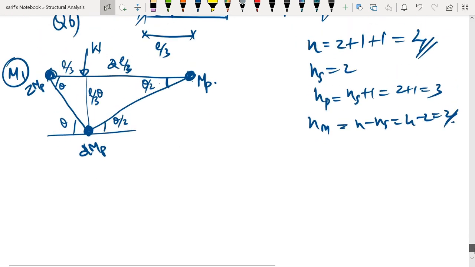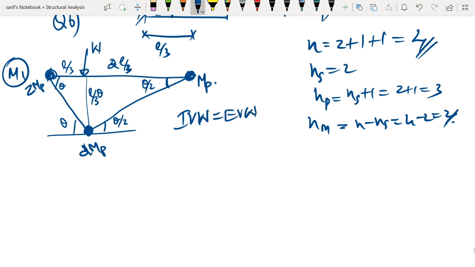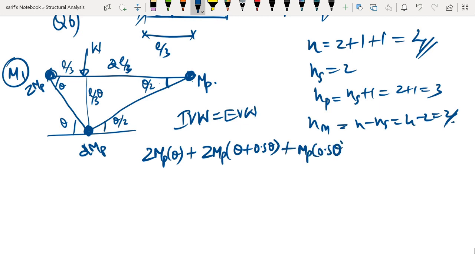Now we can apply the virtual work equation, that is, the internal virtual work done is equal to the external virtual work done. So that is 2 MP into theta plus 2 MP into theta plus 0.5 theta plus MP into 0.5 theta.